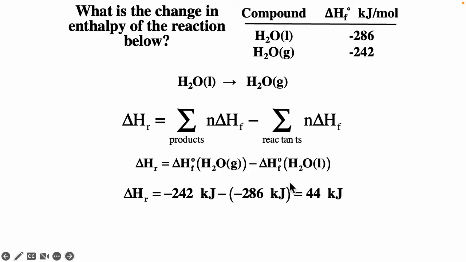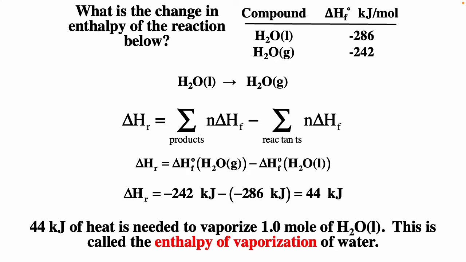Now, if we look at this reaction, we're going from a liquid to a gas, and so that's actually going to be an enthalpy of vaporization. Enthalpy of vaporization is how much heat is needed to change 1 mole of liquid into a gas.